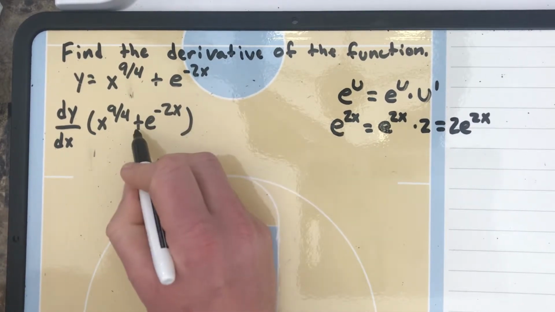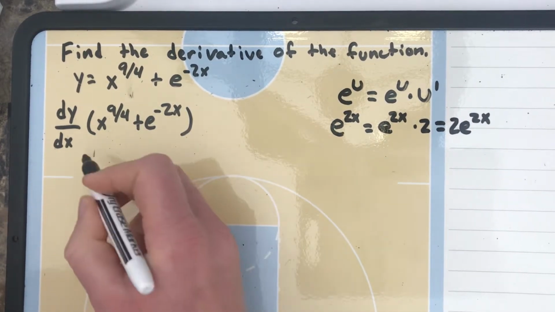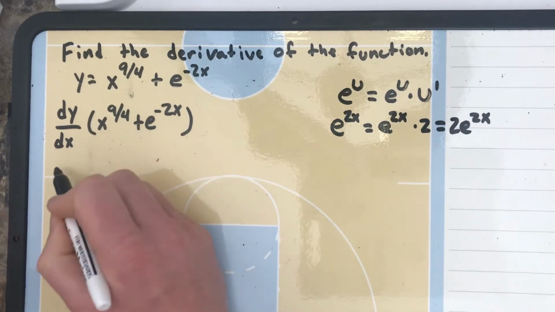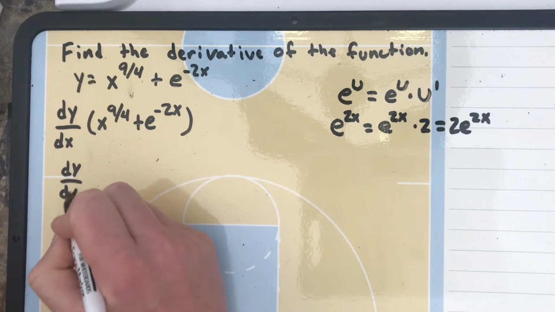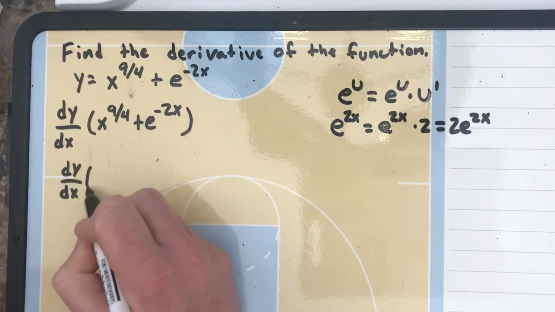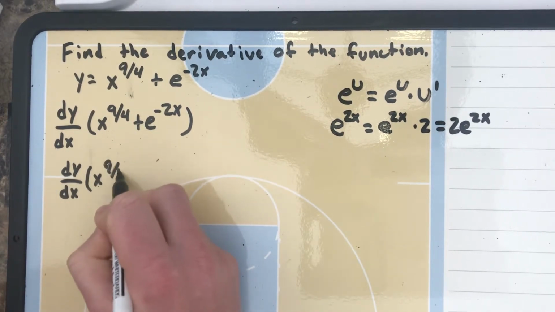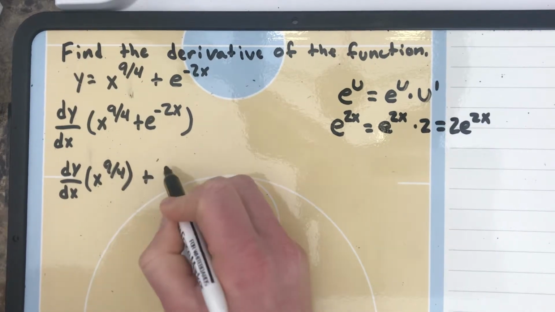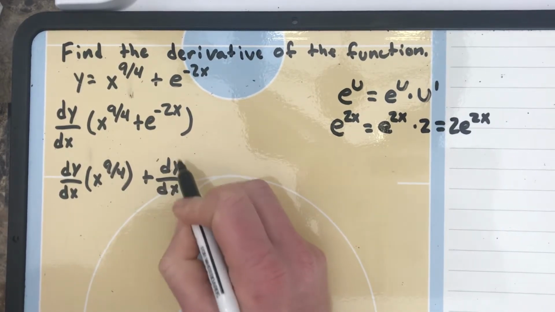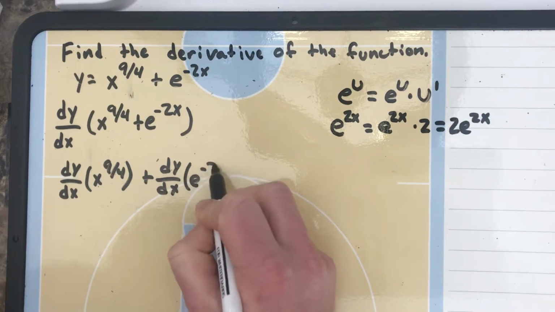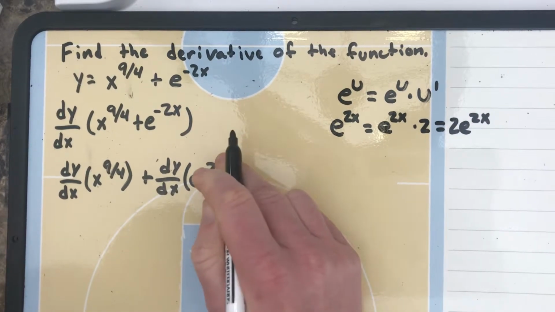And I know because of the addition that I can use the sum rule, so I can say that dy over dx of x to the 9/4 plus dy over dx of this function, which is e to the negative 2x. So I can find these separately.